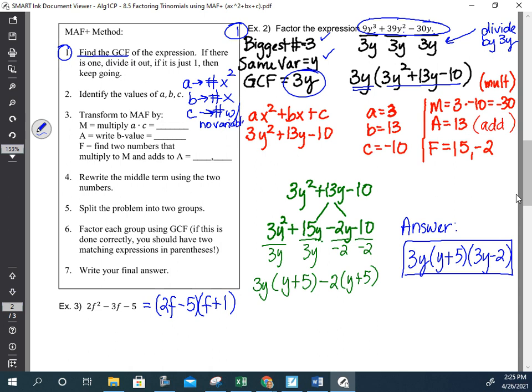So A is 3, B is 13, and C is negative 10. You use A, B, and C to do MAF, so you need step 2 to do step 3.